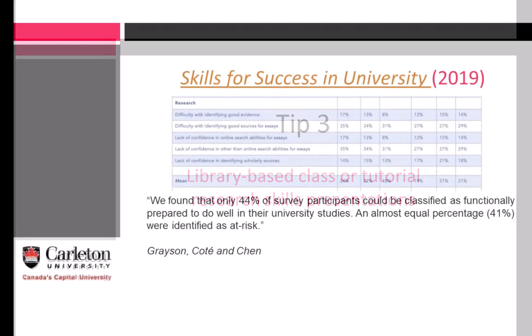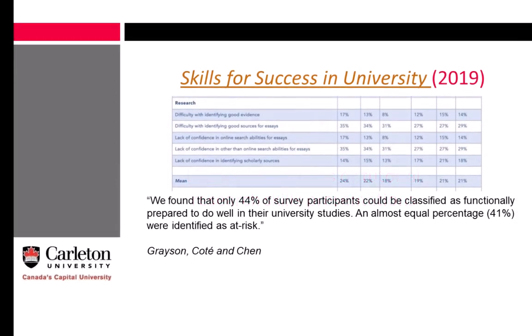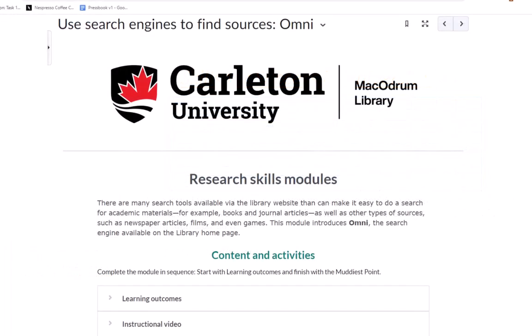Again, academic research, such as the recent report on undergraduate academic achievement, identifies the need for key research skills such as finding and evaluating credible sources. Here is an example of a Brightspace module that supports the identification, discovery, and access to scholarly sources.